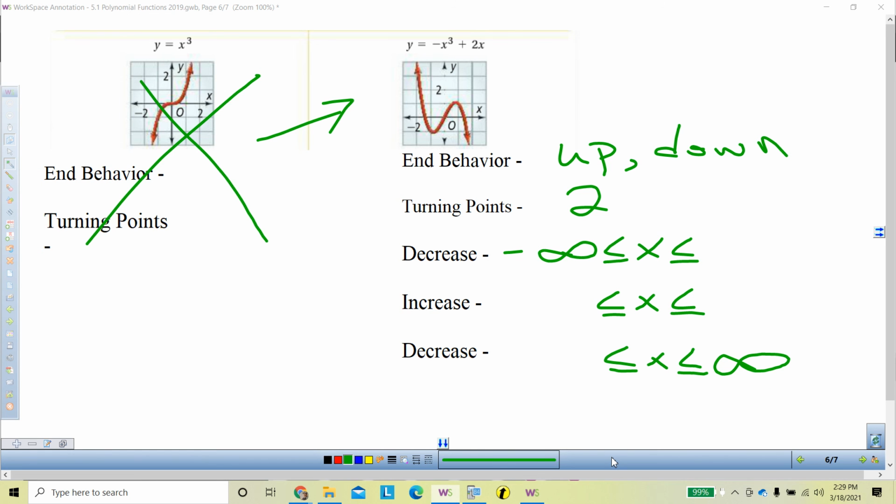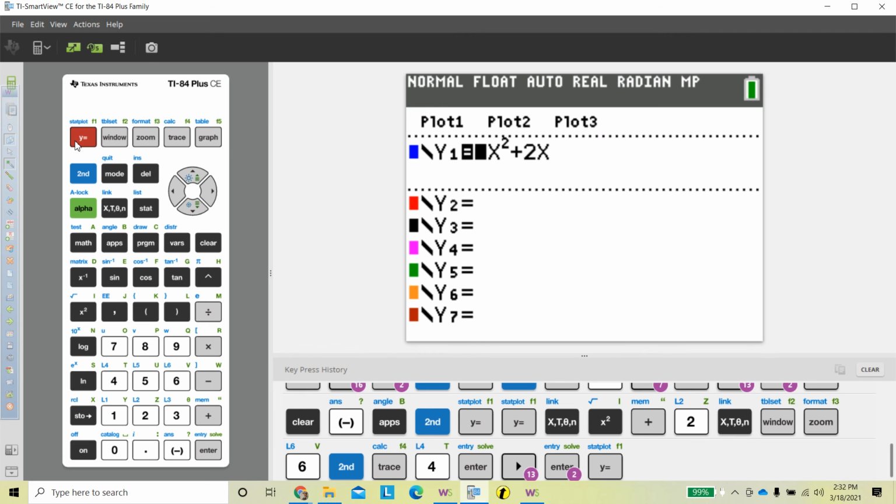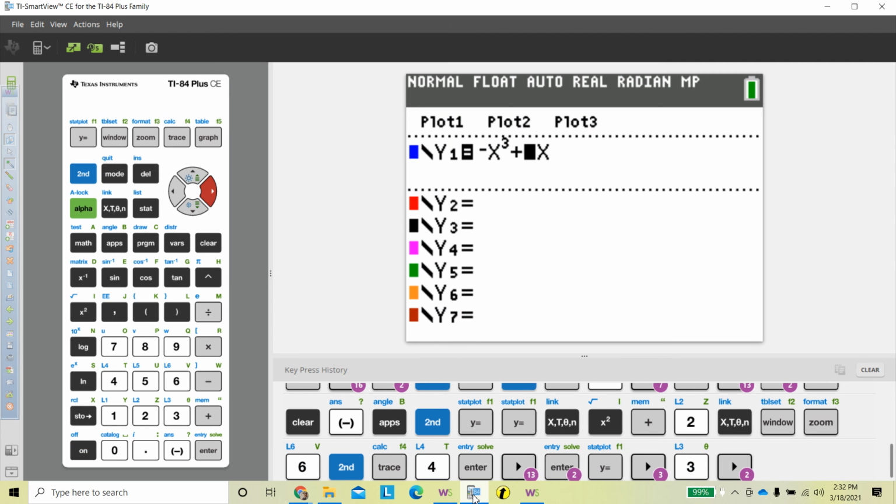And then all we've got to do is get the minimum first and the maximum second. Use those x values. So negative x cubed plus 2x. Let's throw that in. So I already have negative x cubed, and then it was plus 2x. So I'm good. I can just leave that.